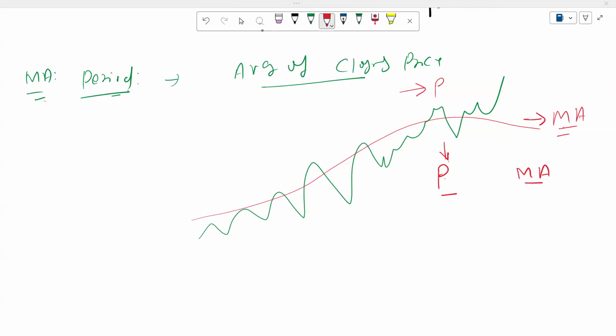Yes, price will always be faster. Price will react first, then moving average will react. So price will be faster and moving average will be slower, because the moving average is nothing but the average of the price only. The data source in the moving average is the price data.